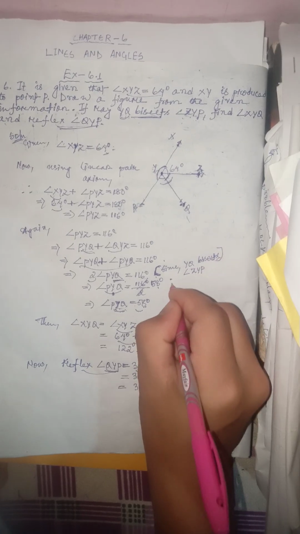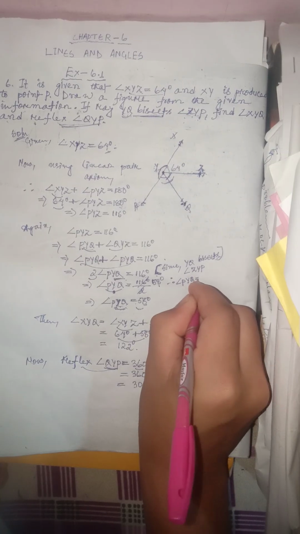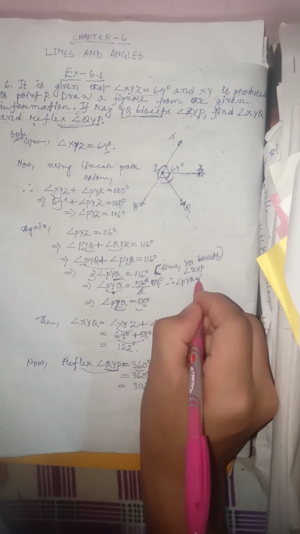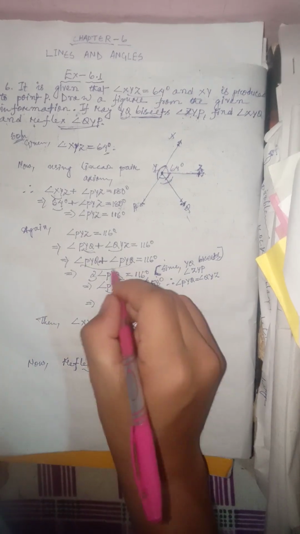Because of that, angle PYQ should be equal to angle QYZ. Just because of this, we take the two things as equal, and after that we add these two.